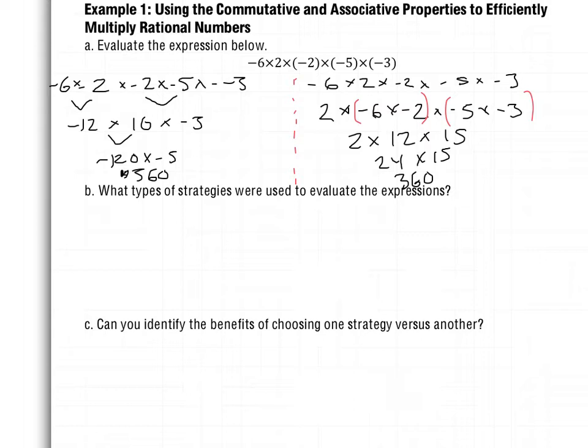So we see a couple types of strategies here. One is pairing and chunking. We see some commutative property.